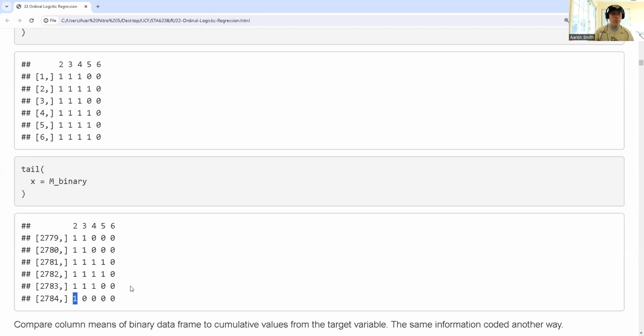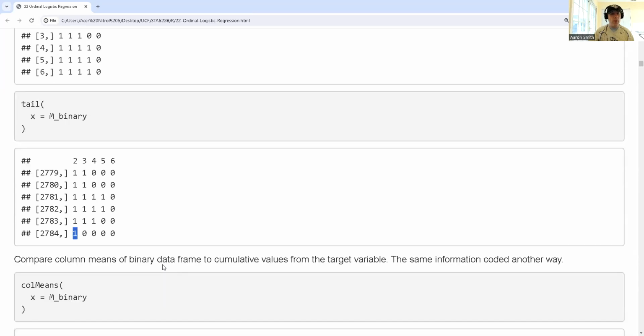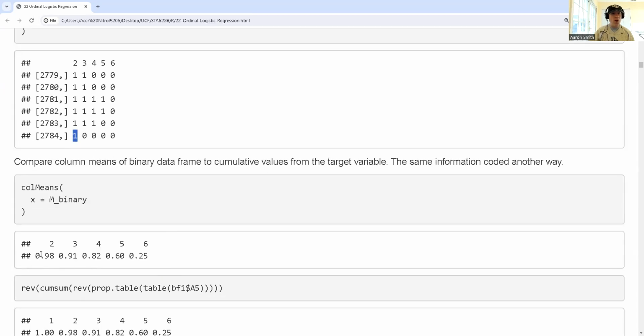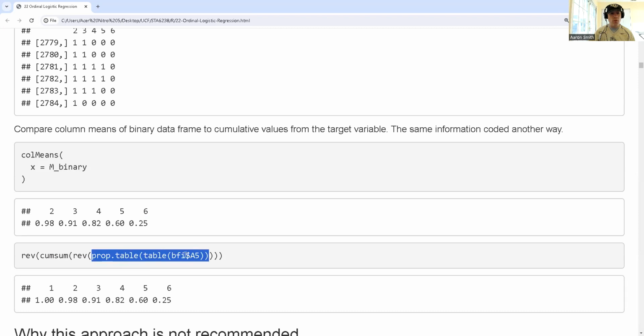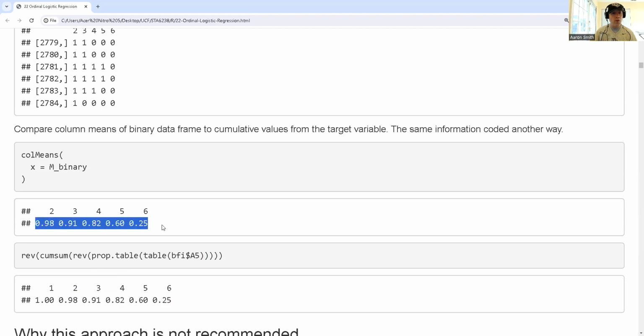All right. Okay, so now if I go through and I just take the column means of this presentation of my target variable, and I take my target variable, create a table, switch that to proportions, take the cumulative sum and rearrange things in the right manner, you'll notice I get exactly the same proportions here as here.